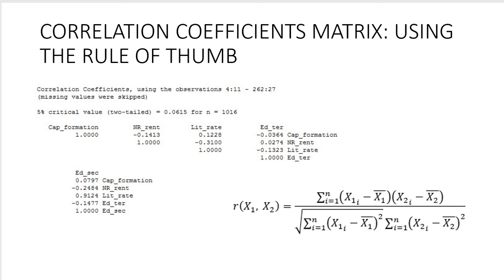So here, for instance, we analyze the correlation matrix for natural resources rent, literacy rate, tertiary education rate, secondary education rate, and capital formation. So here there is quite a high correlation between literacy rate and secondary education, about 0.9. So we can suspect that there should be something close to exact collinearity between those two variables.